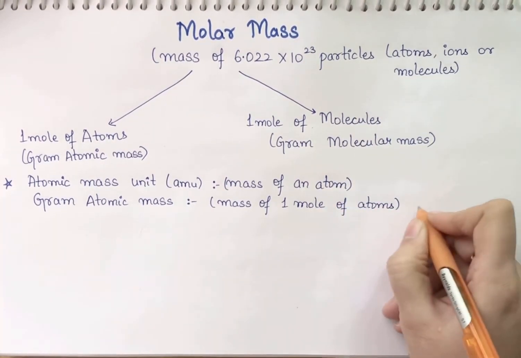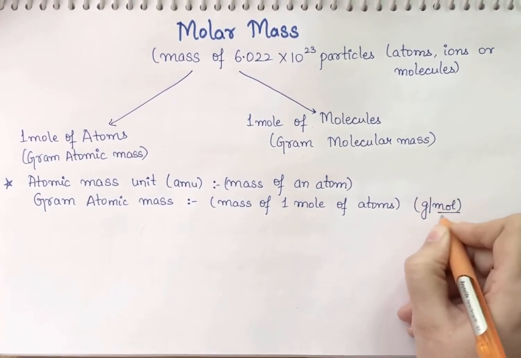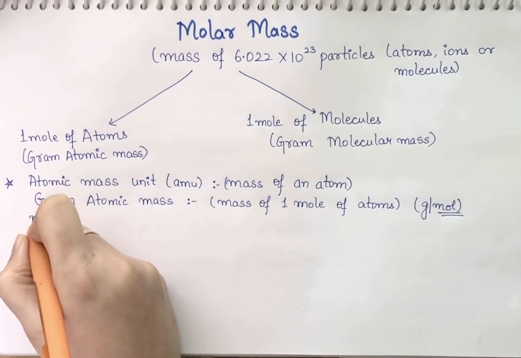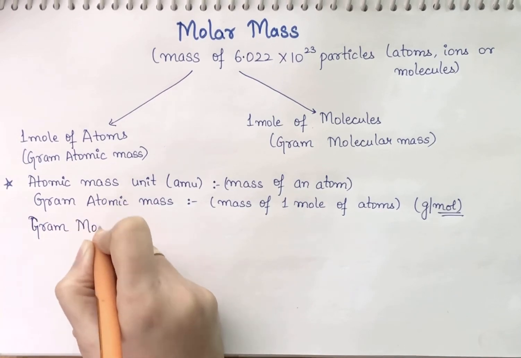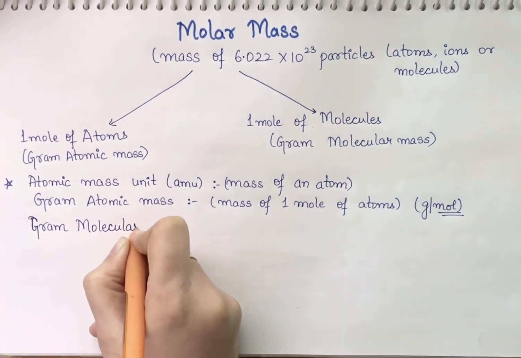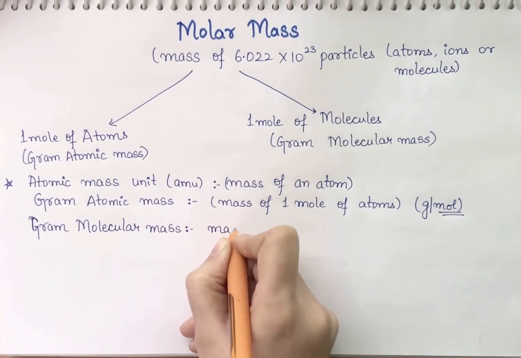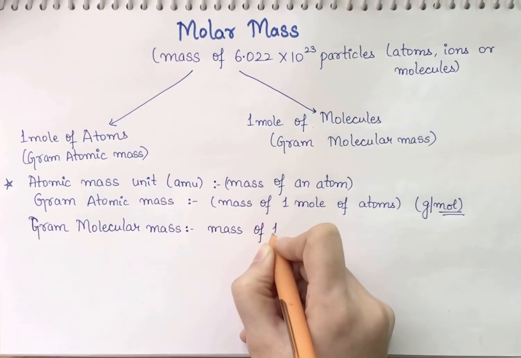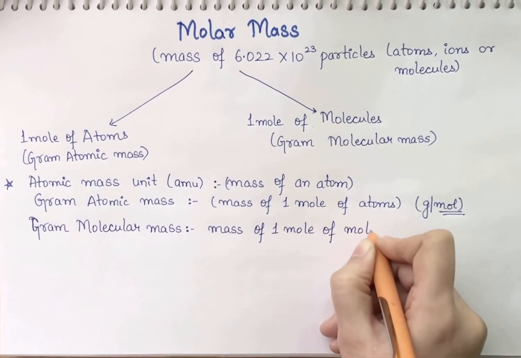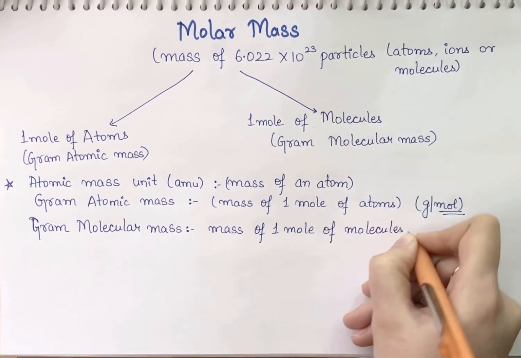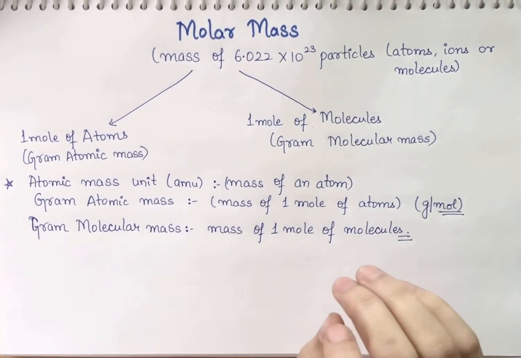Okay, it is denoted by gram per mole, right? Now gram molecular mass is the mass of 1 mole of molecules. Again, it is also denoted by gram per mole, right? So let's go through the examples, right?